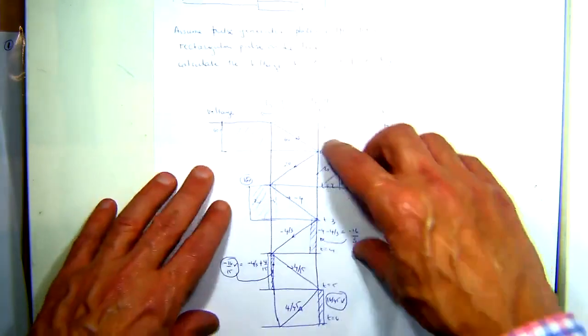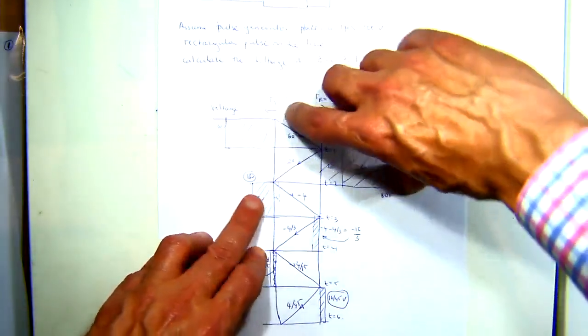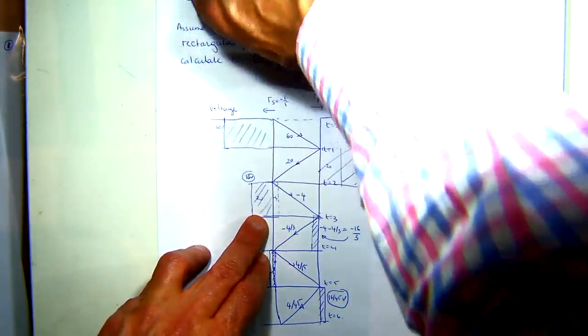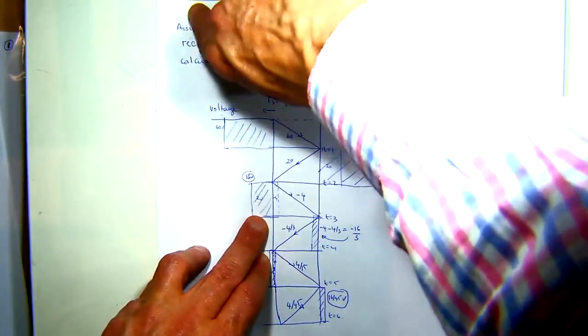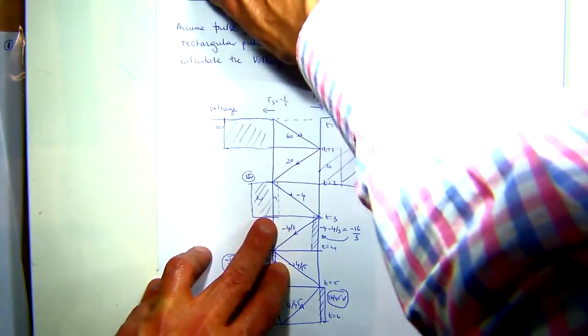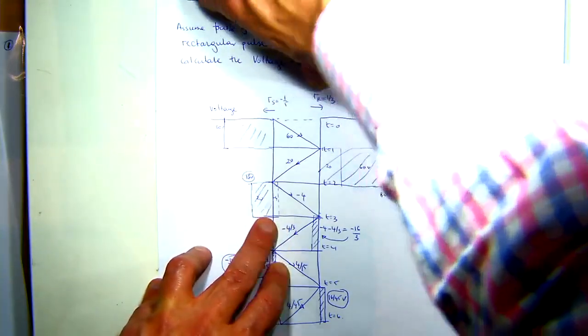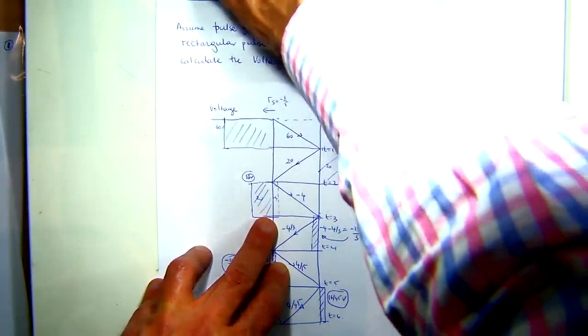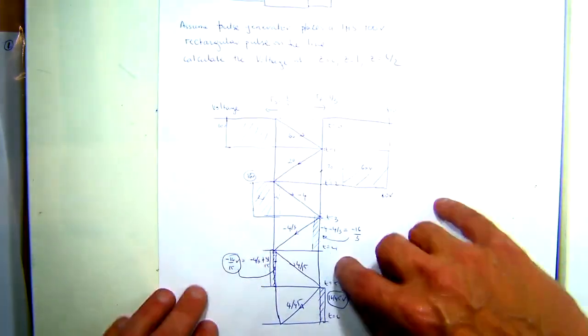So you still get situations where you've got 60, you've got 80, but when you hit here, the 60 volts from the pulse generator, or the positive going voltage, has dissipated. So now you've only got the negative going voltage wave, which is 20 volts. And this is where all this is coming from, right?